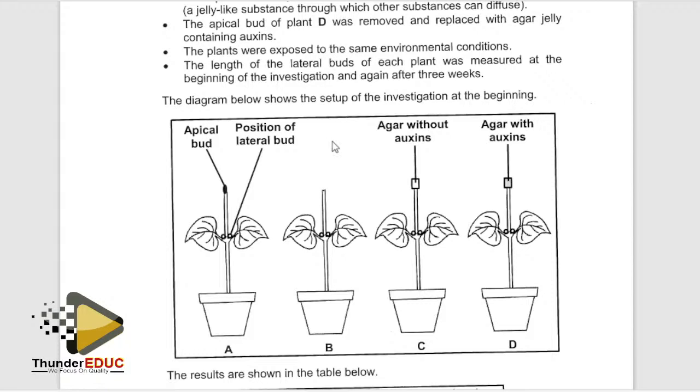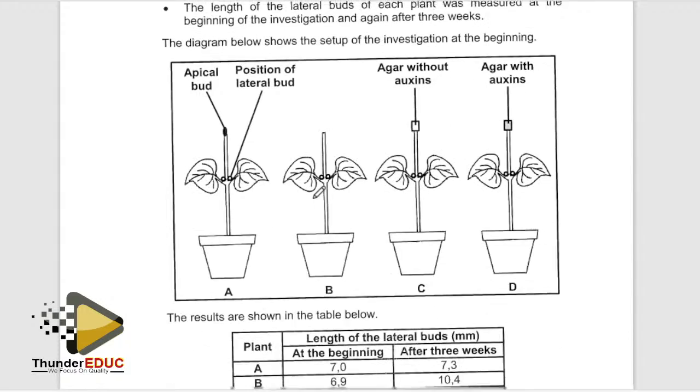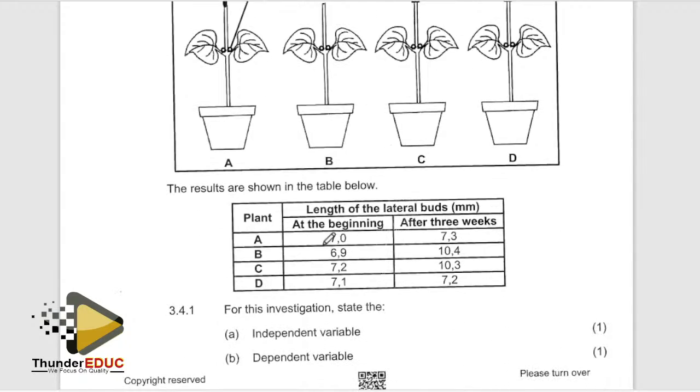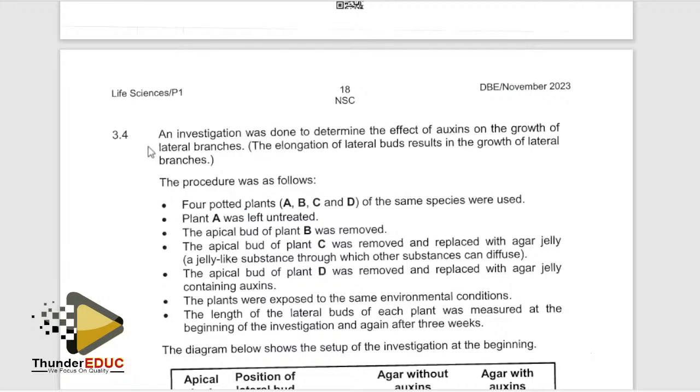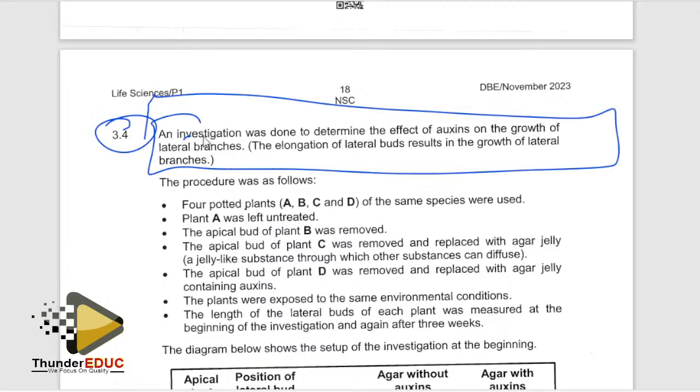Identify the independent variable. This is easy to find. I always tell people to look at the first statement. An investigation was done to determine the effect of auxin on the growth of lateral branches.